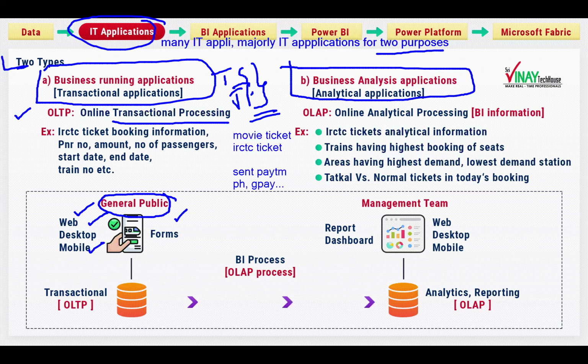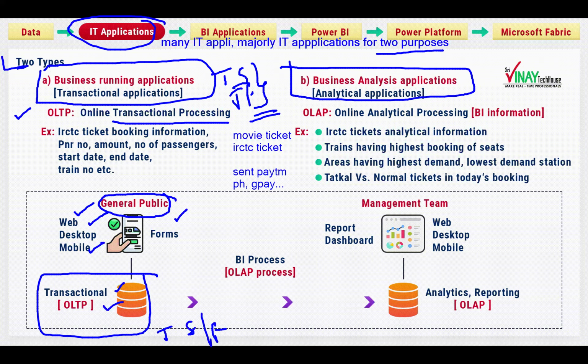sender, receiver, and then you click submit. The information will be stored. When you're booking a train ticket, you mention passengers, starting station, ending station, all of it. So that the booking happens, and at the booking level, you will find only transaction success, transaction failed information. So this is called transactional storage.